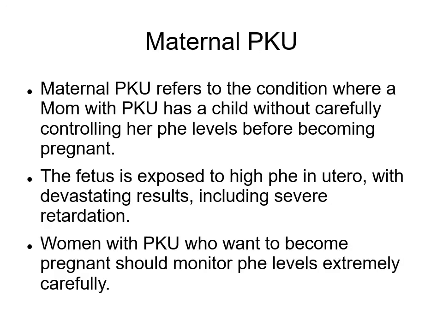Maternal PKU refers to the fact that a mom who has PKU can have a child who does not themselves have PKU, but is exposed to high phenylalanine in utero. This has devastating effects on the baby. So women with PKU who want to become pregnant should monitor phenylalanine levels extremely carefully.